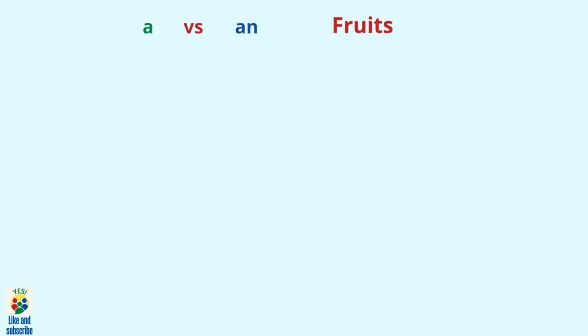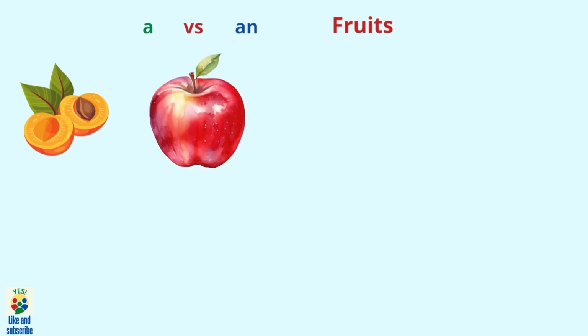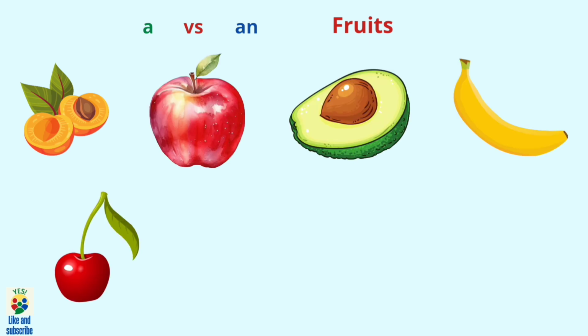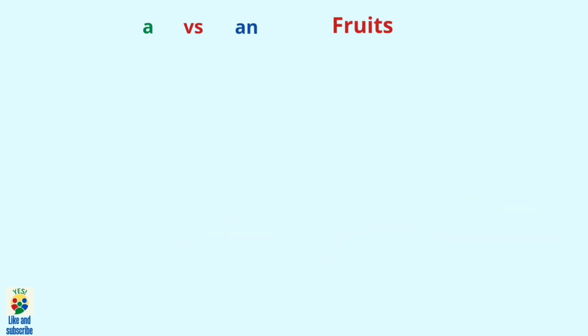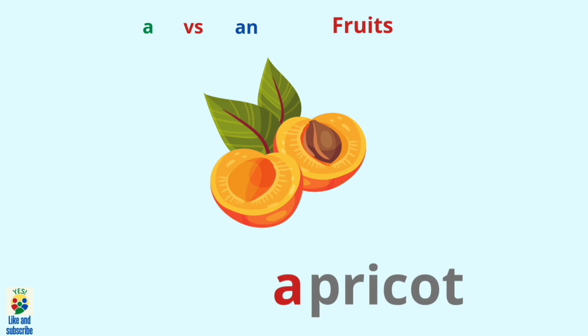A versus AN. Fruits. Apricot, an apricot.